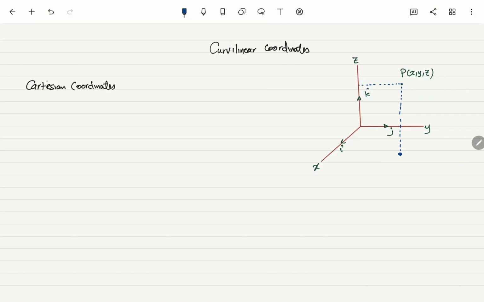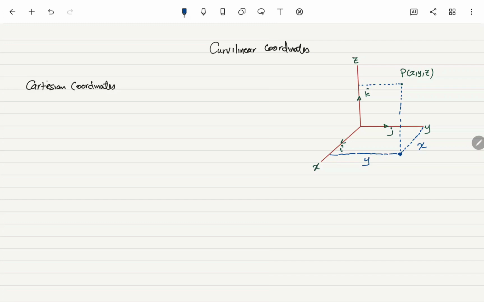This new point has an intercept with the x-axis like this one, and an intercept with the y-axis like this one right here. So this one is x and this one is y.